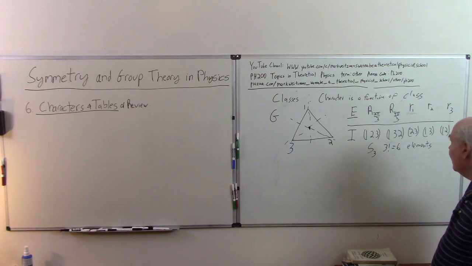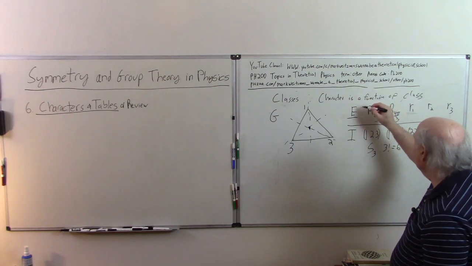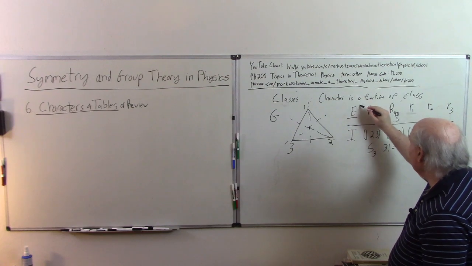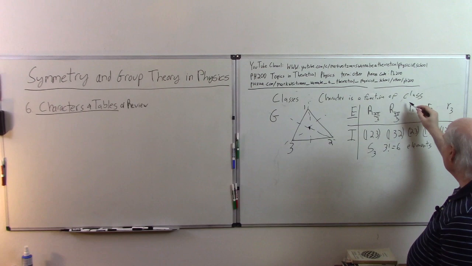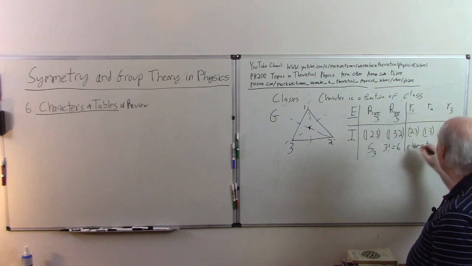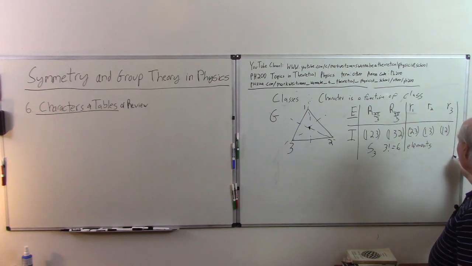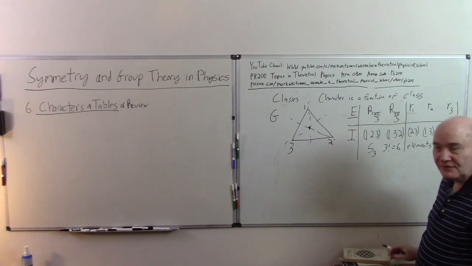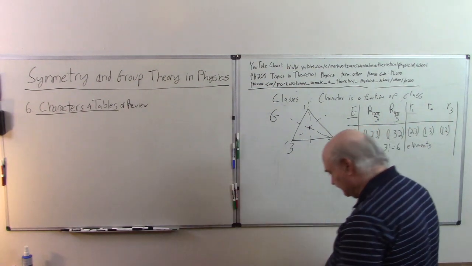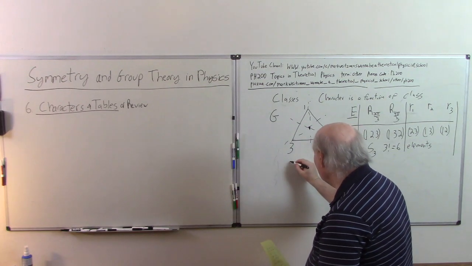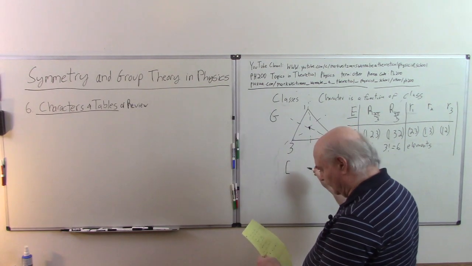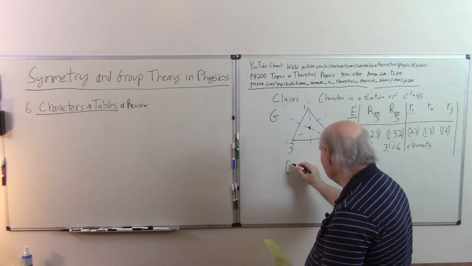Now, it turns out there are 3 classes. The identity element always forms a class by itself. The rotations form a class, and the reflections form a class. Now let's give the definition of a class. I'll use this notation, which is commonly used.